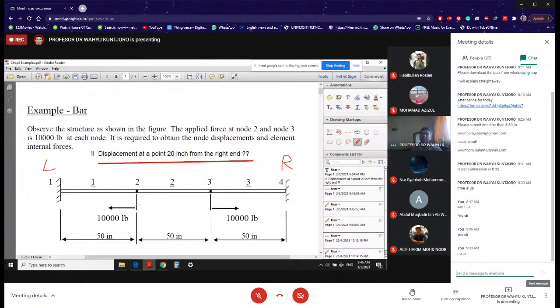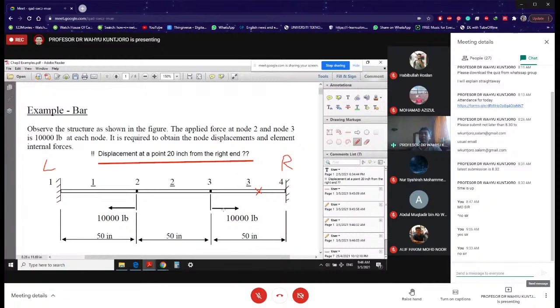All right. So this is left on the left. This is right on the right. 20 inch from the right end. That means we are talking this point somewhere over here. All right. Why? Because the length of this element number 3 is 50 inch.